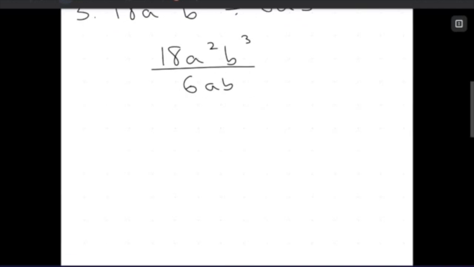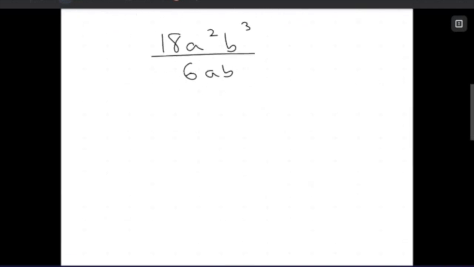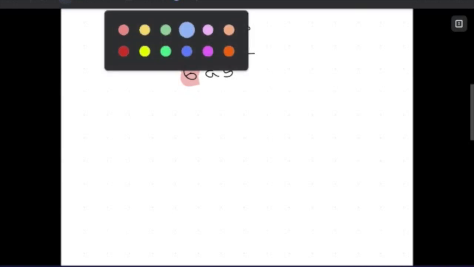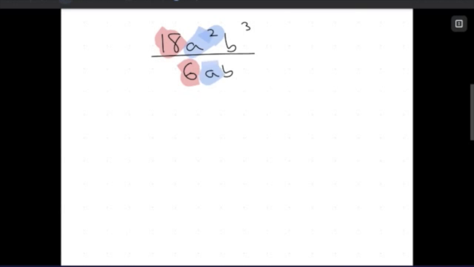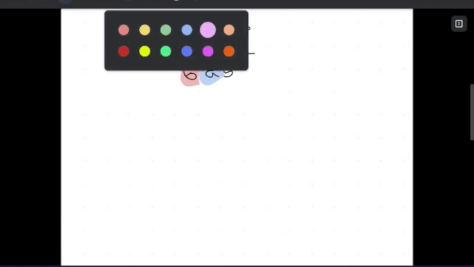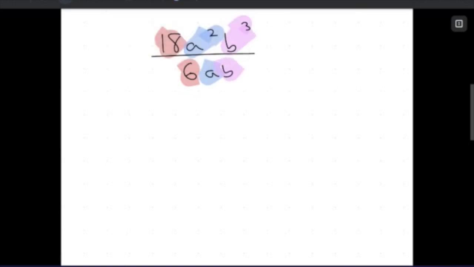So once again, in the same way we did with multiplication, I can first consider my integers, or my just regular numbers, and then followed by that, I can group my like terms and do these divisions one by one.